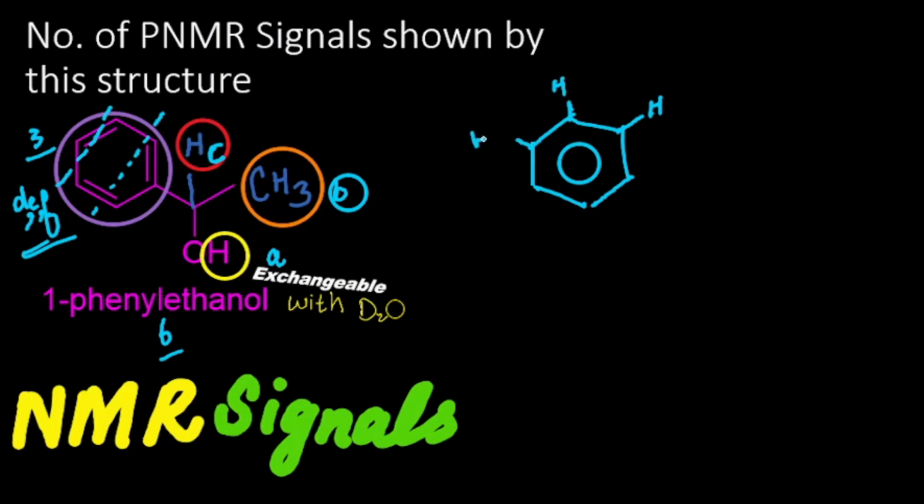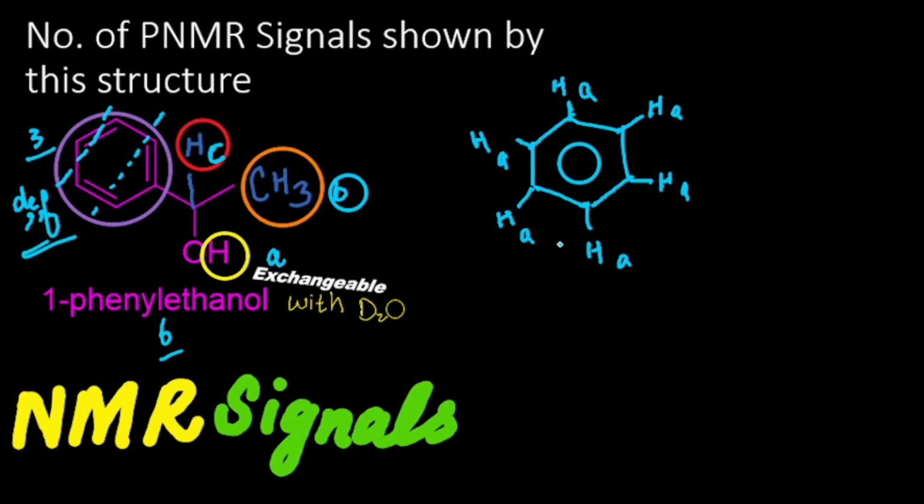Like this, this is the benzene, and in this benzene all the hydrogens are of the same chemical environment. If hydrogens of the same chemical environment are present, they will give the same kind of signal. Now in this benzene, all the hydrogens are A. They will give the same signal in proton NMR, and their integration will be 6.